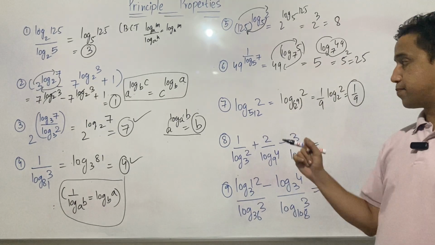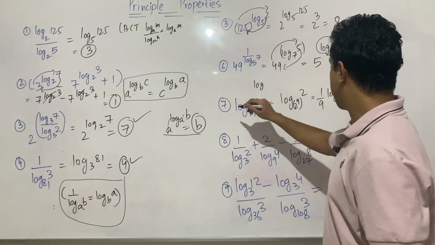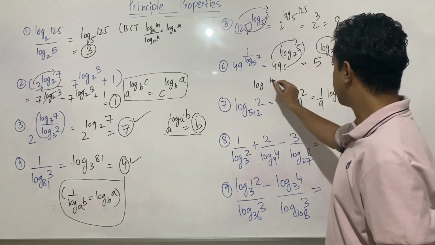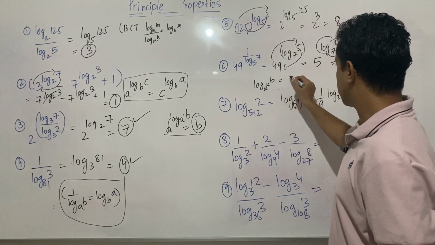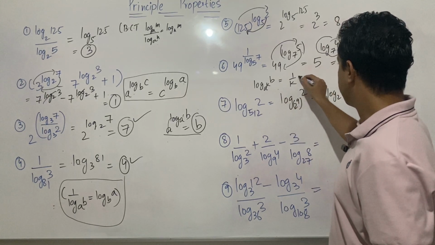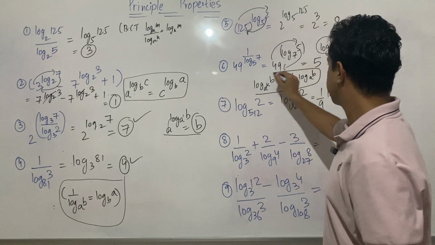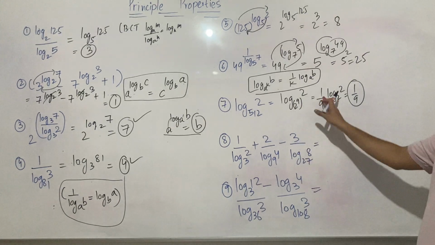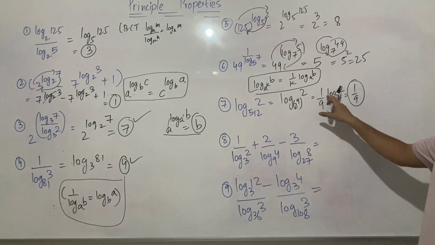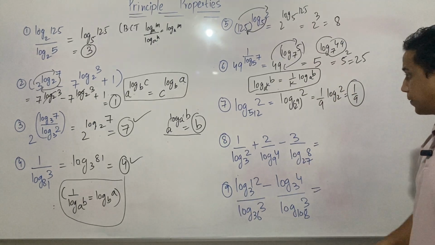It's a base power property, which says that log of b to the base a raised to exponent k is 1 by k log b to the base a. So 1 by 9 will come outside, and inside will remain log 2 to the base 2, which is 1, right?